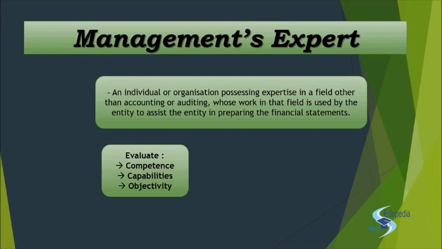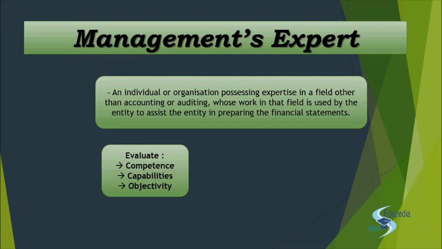If he is, then we'll say okay, he is a competent person. But that competency is not enough. We will also have to judge his capabilities. Now when we talk about capabilities, we basically mean the ability of that expert to use his competence, right? If that expert is able to exercise his competence, that means he is capable of working for you also.